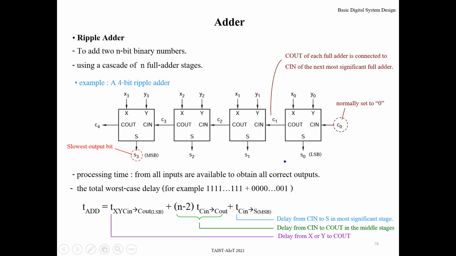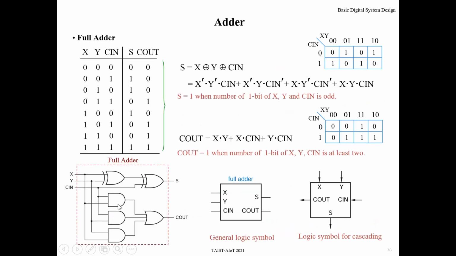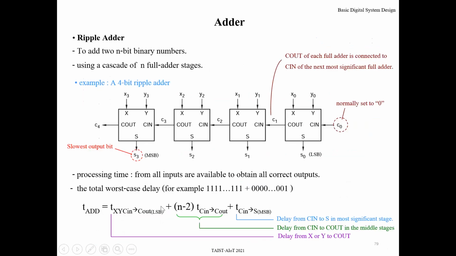For ripple adder, note because of propagation delay time of logic gates, maybe AND gate, OR gate, or XOR gate, it takes time. You must wait. For example, when you apply this input, you resolve this one and this one. You must wait a little bit, for example, 10 nanoseconds, to be sure that this carry out is available and becomes the correct value.